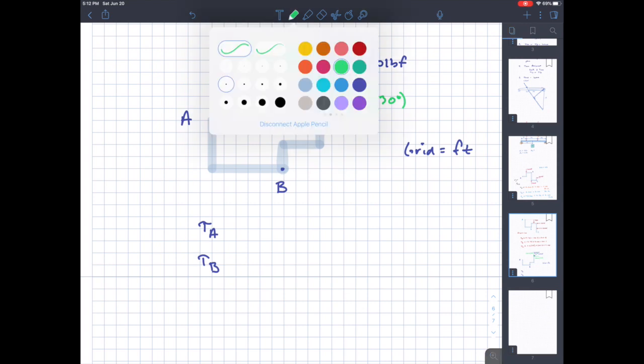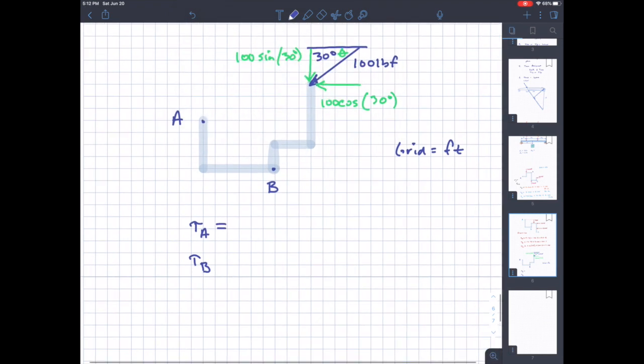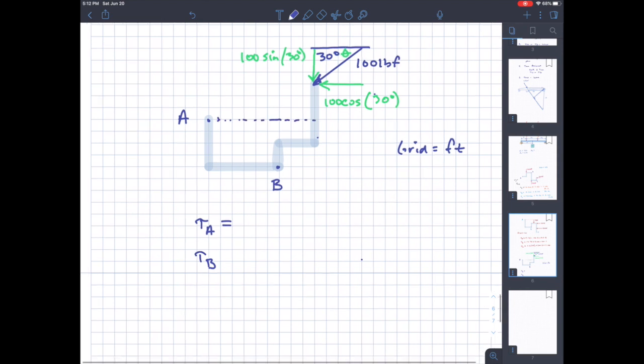For point A, we notice the line of action that's perpendicular to the force goes this way, and so that is 1, 2, 3, 4. I'm sorry, let me start over. Too many points here. 1, 2, 3, 4, 5, 6, 7, 8, 9 grid points.